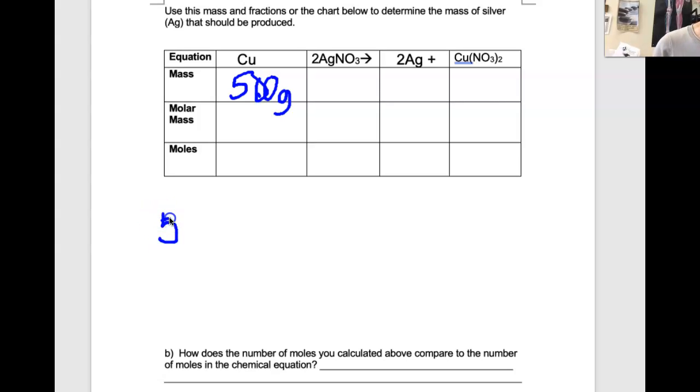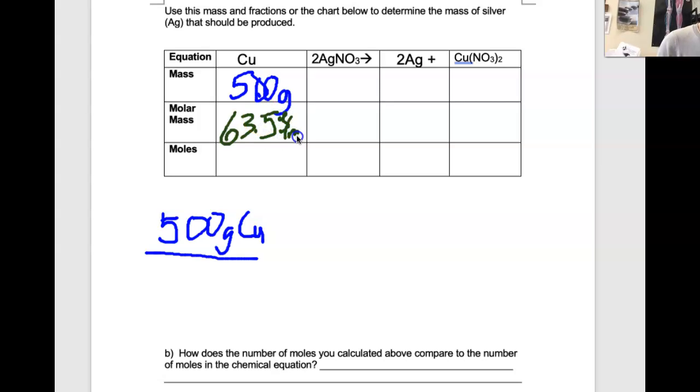If you wish to use the fractions, what I generally say is start with what you are given, which is 500 grams of copper, and put that over 1. The next thing you're going to want to look at is the molar mass. What is the molar mass of copper? If you look on your periodic table, you should find underneath of copper the molar mass, and that is 63.5 grams per mole.